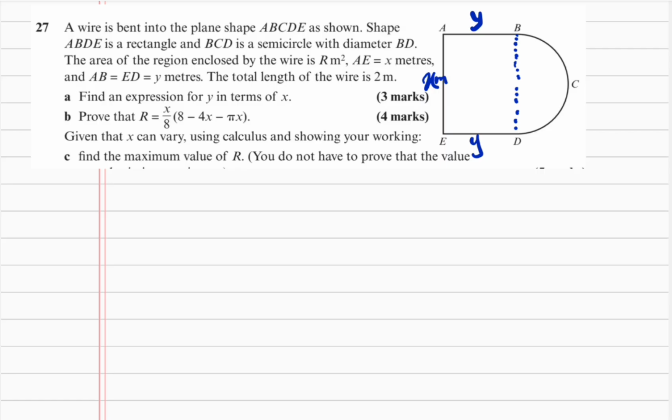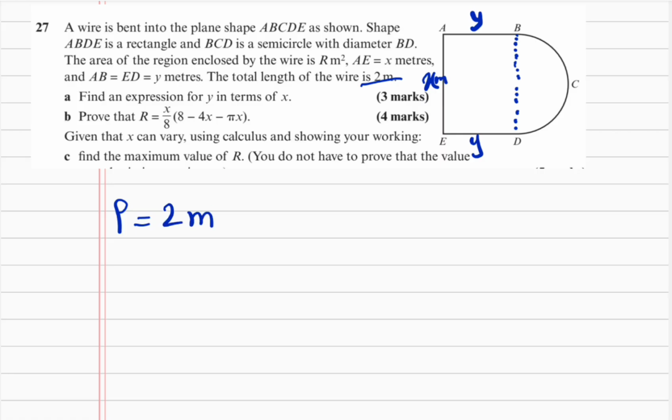Now that we have both x and y, which are the length and width of the rectangle, it says the total length of the wire is 2 meters. So the total length, it's important to understand, is another way of saying the perimeter of this shape is equal to 2 meters. So let's write that for now.